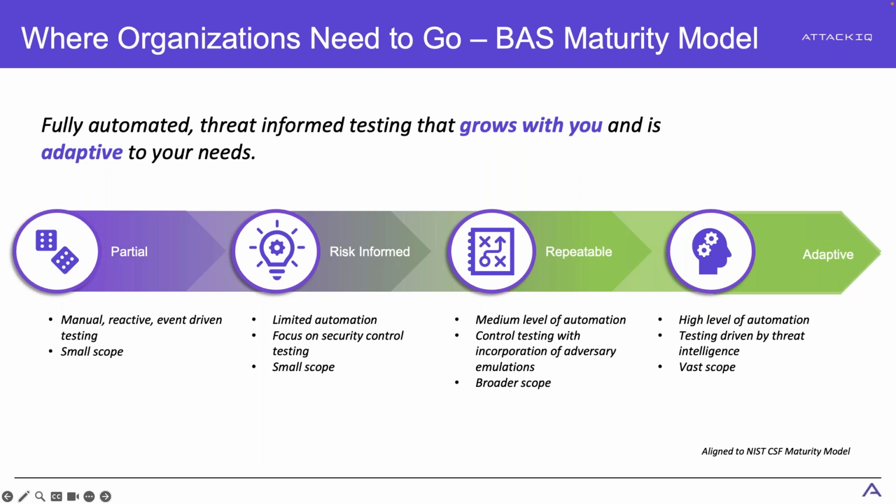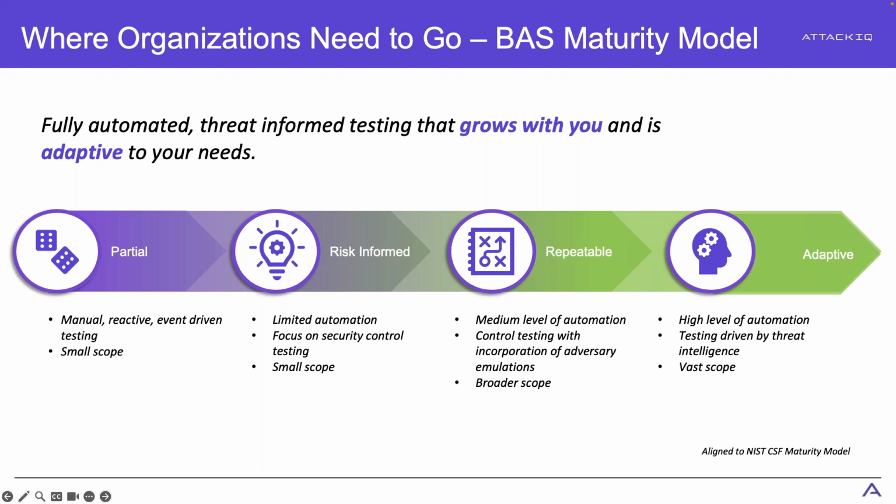Smaller organizations might start at the partial stage. Their testing is ad hoc and mostly reactive to events in the news, say something their CISO or their board raises, and is generally done once or twice a year. Risk-informed organizations typically have a small degree of automation, and they're focused on starting to develop some processes for testing. They understand what assets are risky and what they need to do to secure those.